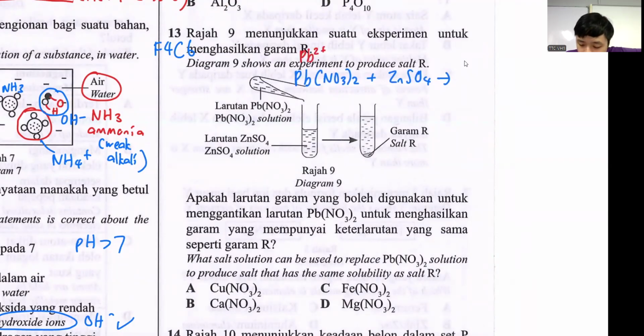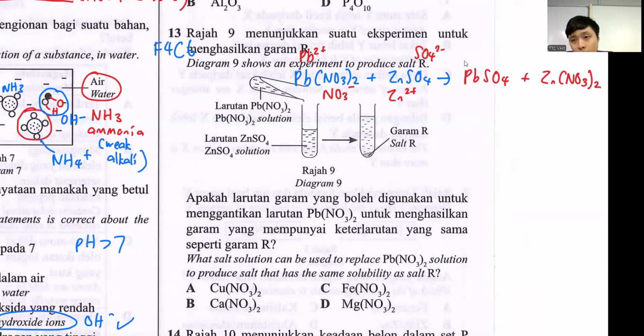First, Pb2+ will attract sulfate ion to form PbSO4, lead(II) sulfate. Then the Zn2+ will attract NO3- to form zinc nitrate. The important point is not the zinc nitrate. The important point is the lead(II) sulfate, because it is an insoluble salt.